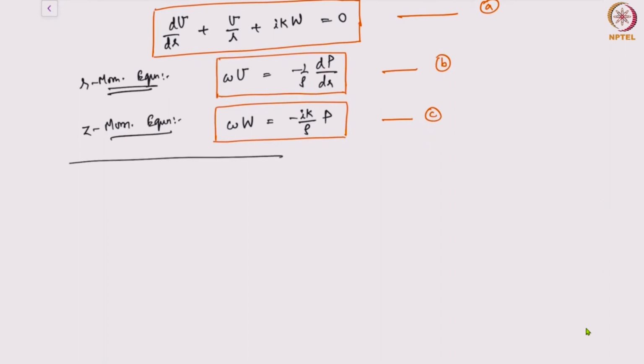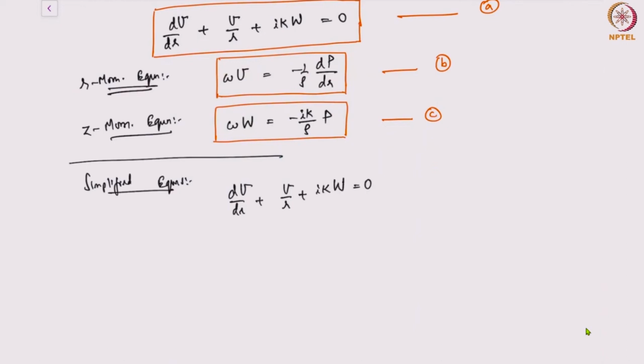Okay, so now what do we have? Let's summarize all these equations, the simplified equations. D capital U by dr plus U by r plus IkW is equal to 0.